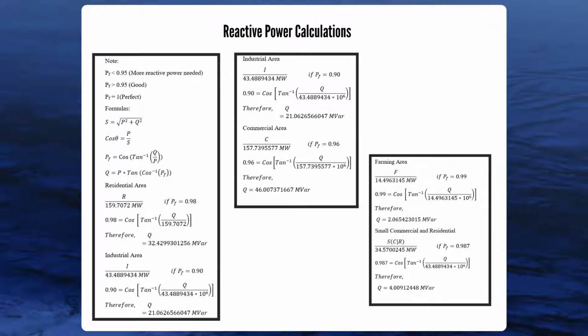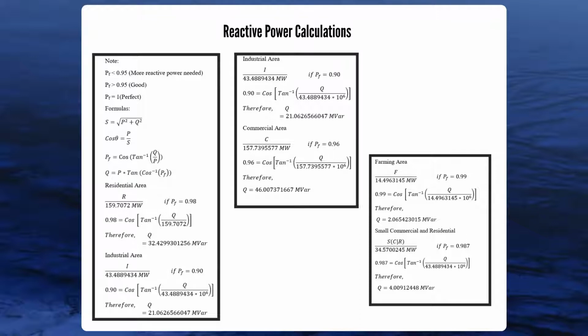So for the residential, the active power was found to be 159.7 megawatt. By transposing the formula of power factor equals cos of tan inverse Q over P, we would then transpose to find Q.